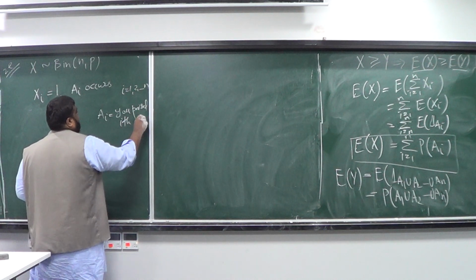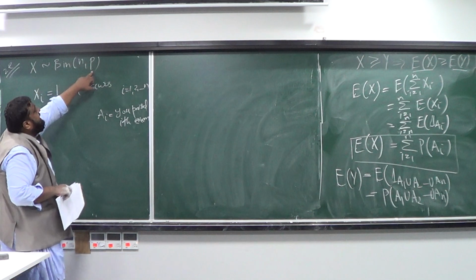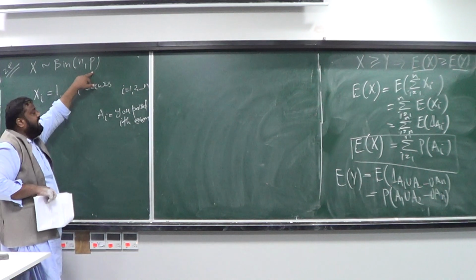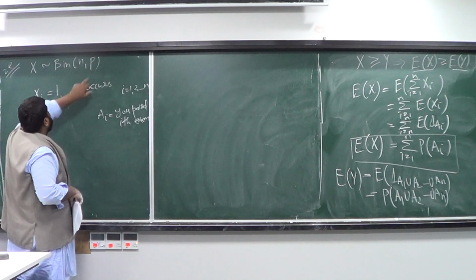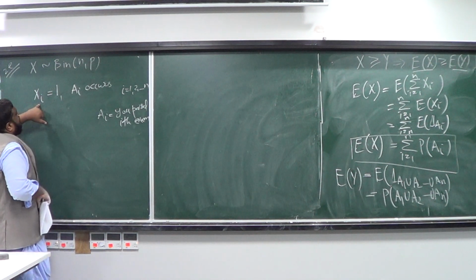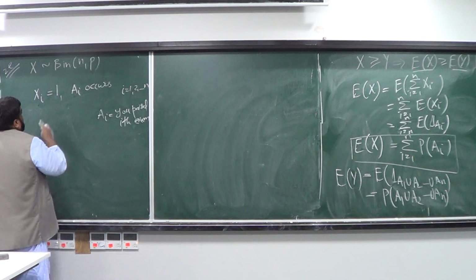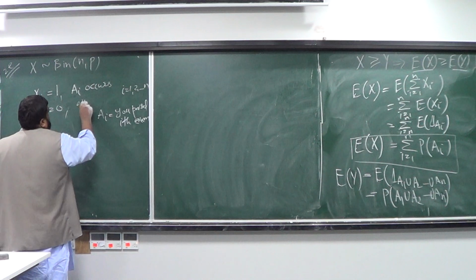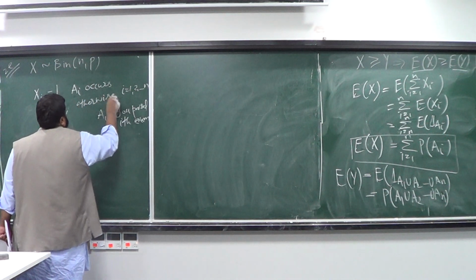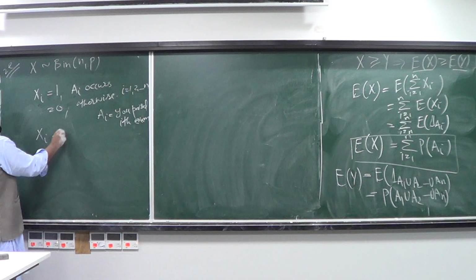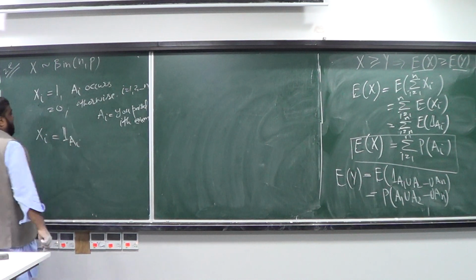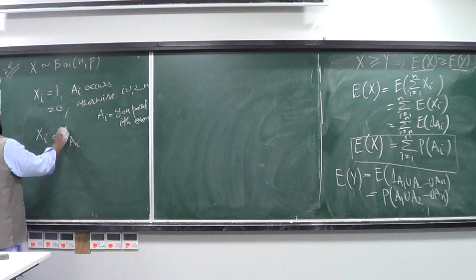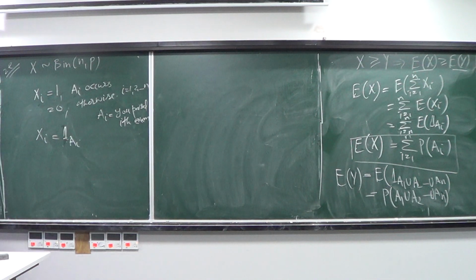So if you are taking exams and in each exam you have a probability p of success, then xi means that you pass the ith exam, and it's going to be 0 if you fail, otherwise. So xi can be treated as the indicator function of Ai, where Ai means that you pass the ith exam.